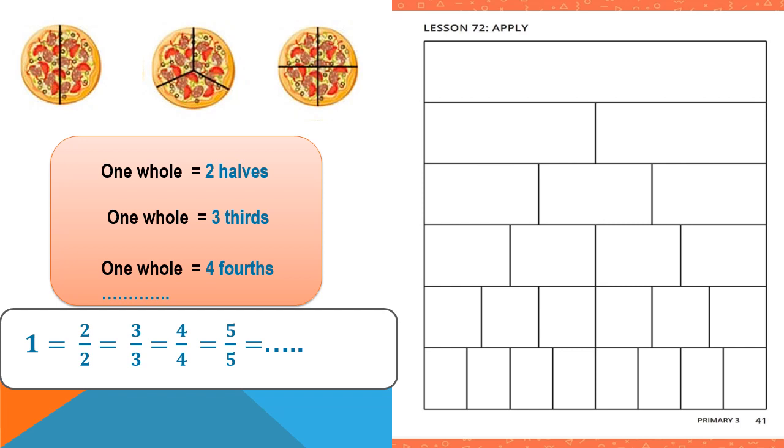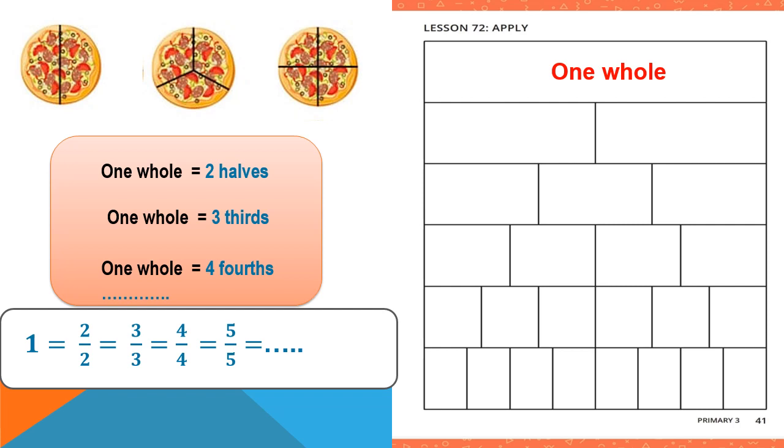Here in lesson 72, the apply part, he wants me to write the names of fractions. Let's consider this as a chocolate bar. The first chocolate bar is one whole. It's not divided into any parts.